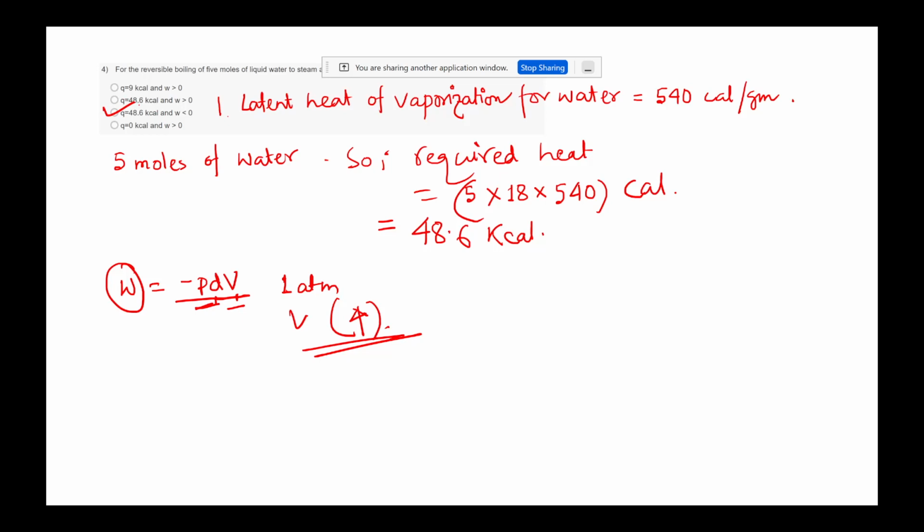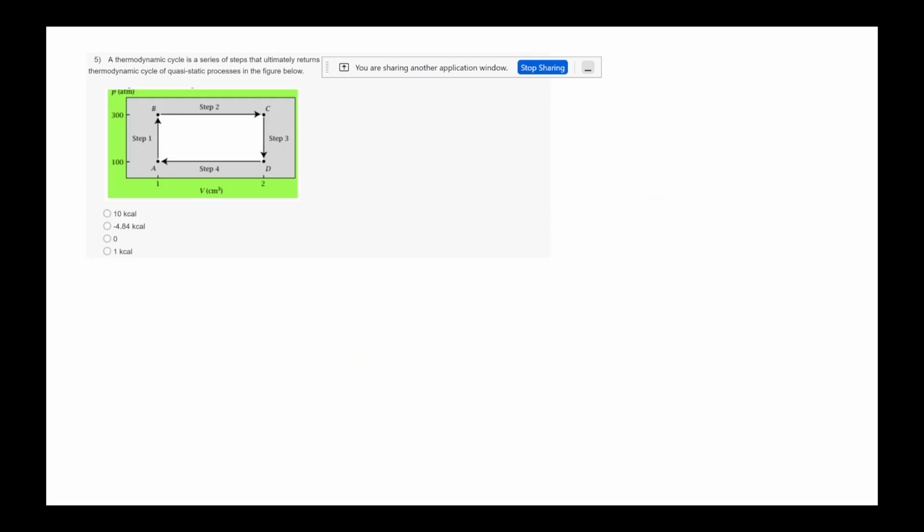Okay, clear? These are easy problems, because in your exam this kind of problem will probably be asked, as there are not that many big derivations required.